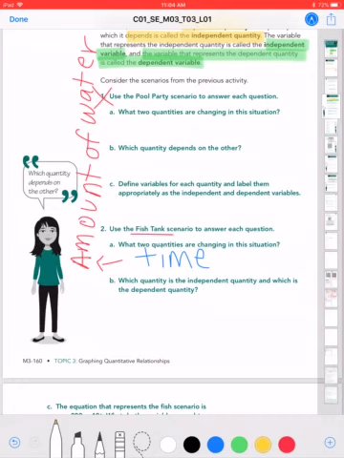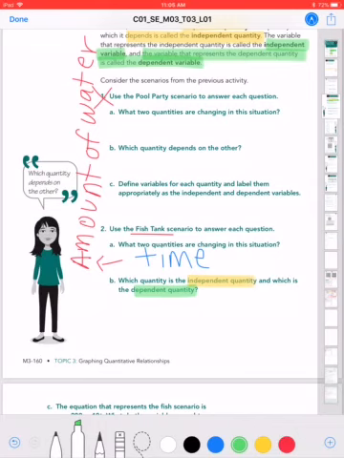My independent quantity, so my independent variable, is going to be highlighted in yellow, and my dependent is going to be highlighted in green out of the two we just wrote down. So thinking about which one depends on the other, I would pause the video and think which one of these depends on the other one.